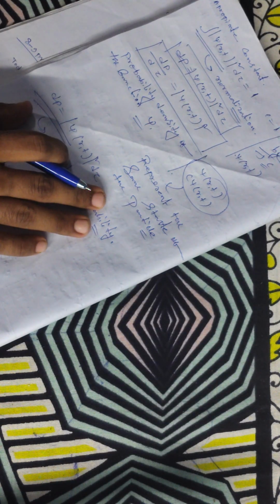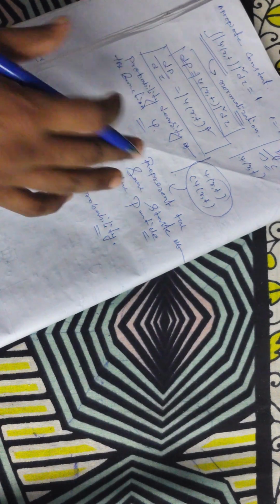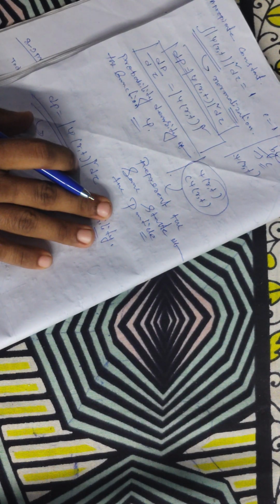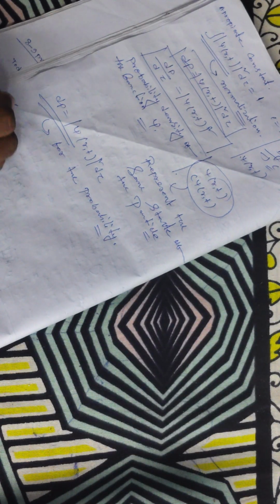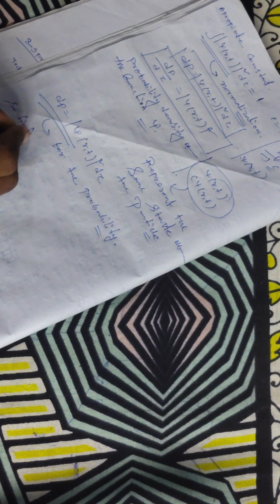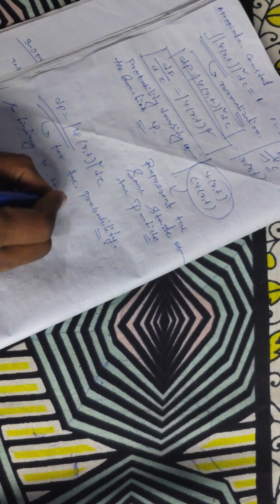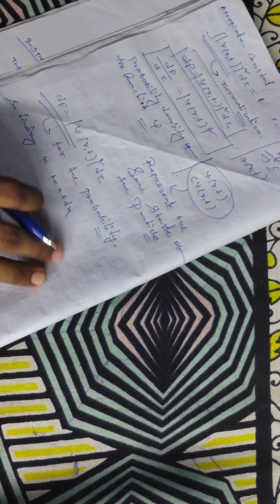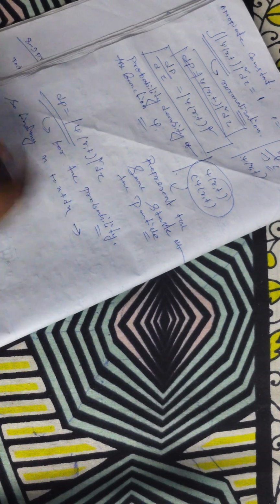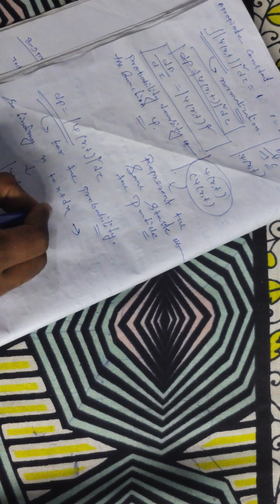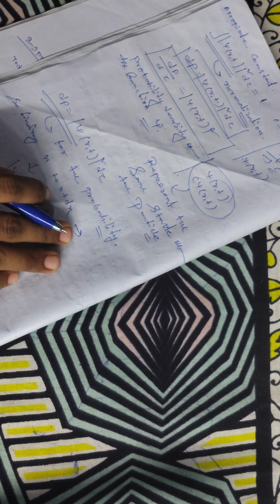The wave function of the particle is written, as I have already told you, psi of x comma t. So the probability of finding the particle in the range x to x plus del x will be modulus of psi squared, the probability density.